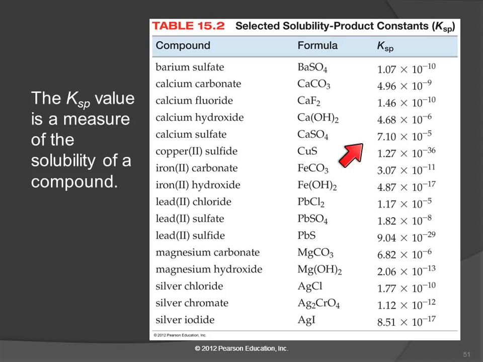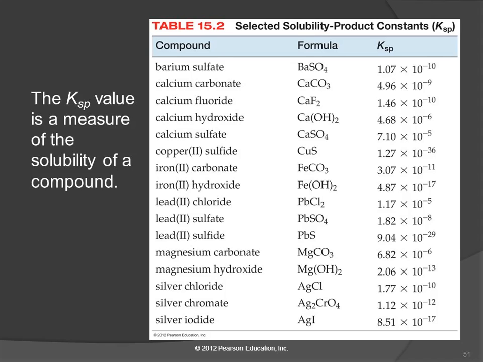If we look at this one, copper sulfide, we see that its solubility-product constant is 1.27 times 10 to the minus 36. That is an extremely small number. Mind-bogglingly small number. And what that tells us is when you put copper sulfide in water, there are very few ions that form. Almost none.